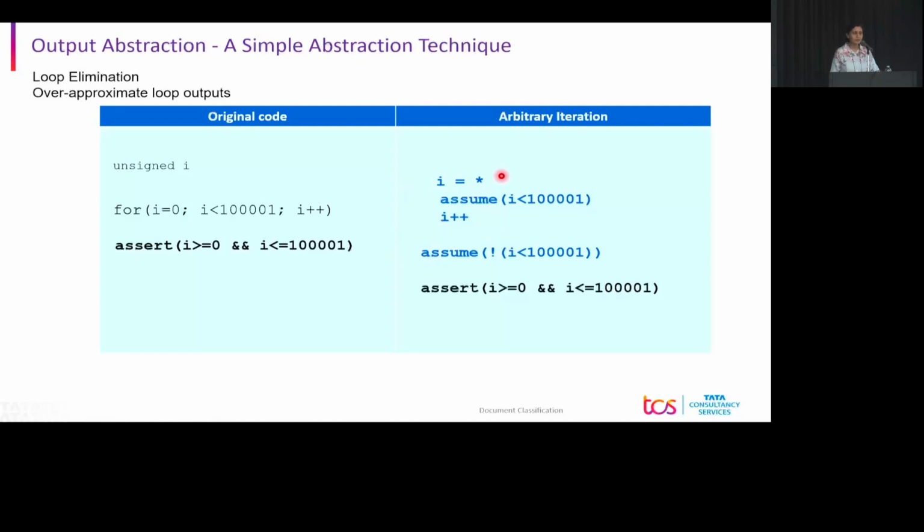So consider this to be the last iteration of the loop that is there in the program. We are actually interested in reaching this point in the program where the assertion is. So we just want to get rid of the loop. We are saying that we are accelerating to the last iteration.